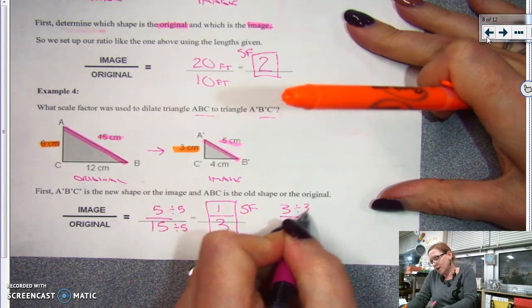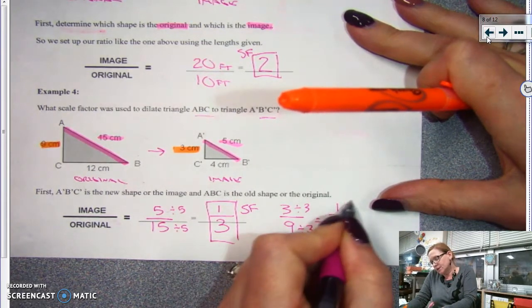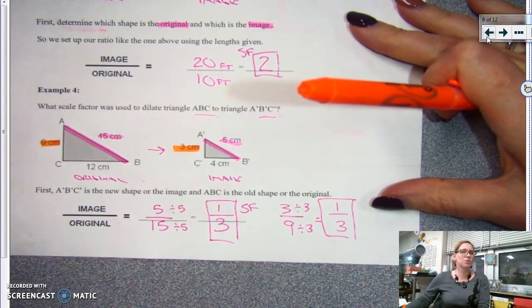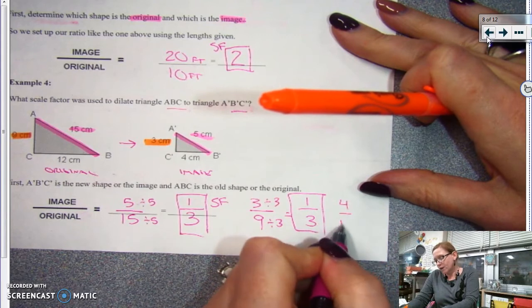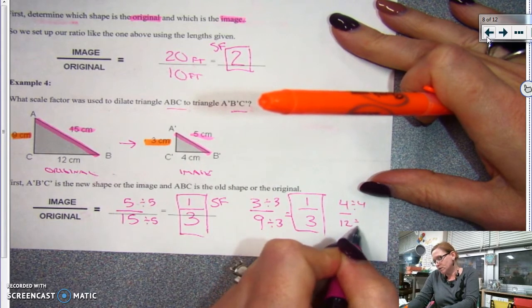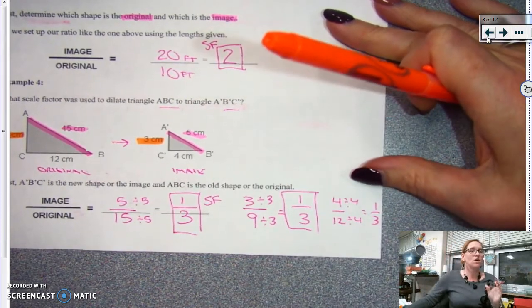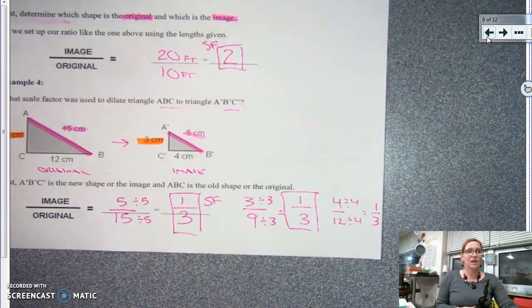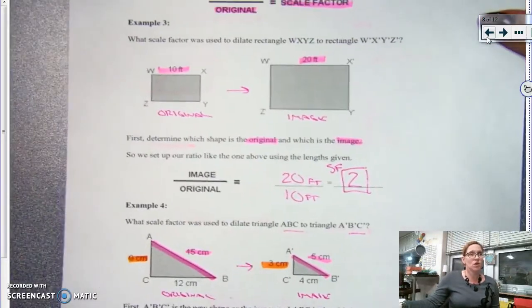Sure, I can divide both by 3. 3 divided by 3 is 1. 9 divided by 3 is 3. So no matter what side you pick, you're going to get 1/3. And if we do the other one, 4 divided by 12, divide by 4, divide by 4, 1/3. So you can see no matter what corresponding side you pick, that scale factor should be the same because that's part of the dilation.